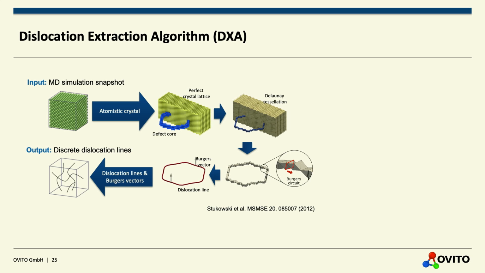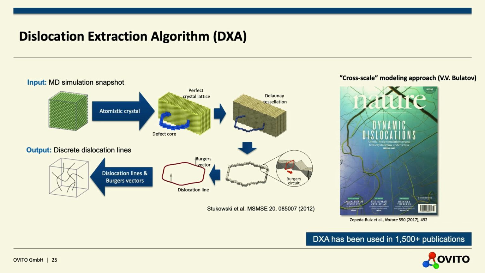And then a Burgers circuit search is performed to actually identify dislocations. Once a circuit is found, it is swept along the dislocation core to build up this discrete line representation of the dislocation. I think Vasily Bulatov showed this also in the first workshop here. That's why I also put up this work.